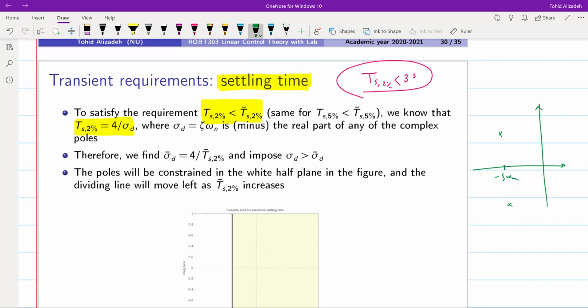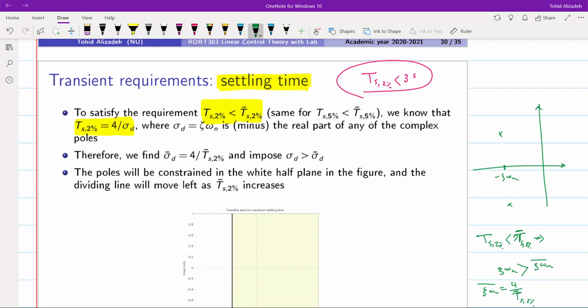So if you want to have settling time smaller than a given value, if TS 2% needs to be smaller than TS bar 2%, then we can say that zeta omega n should be bigger than zeta omega n bar. And zeta omega n bar is indeed equal to 4 over TS bar 2%.